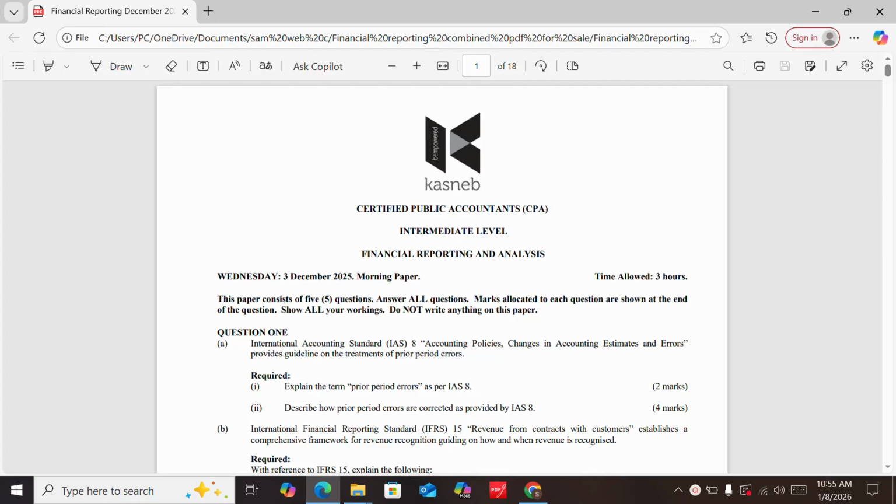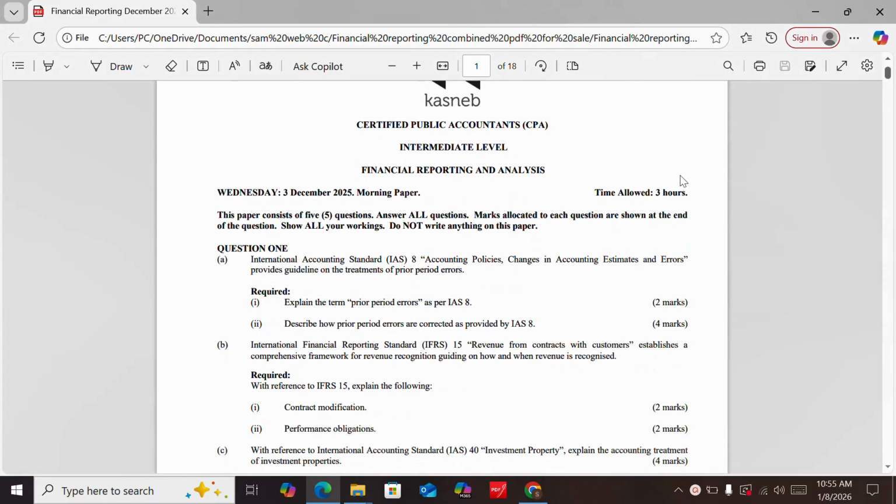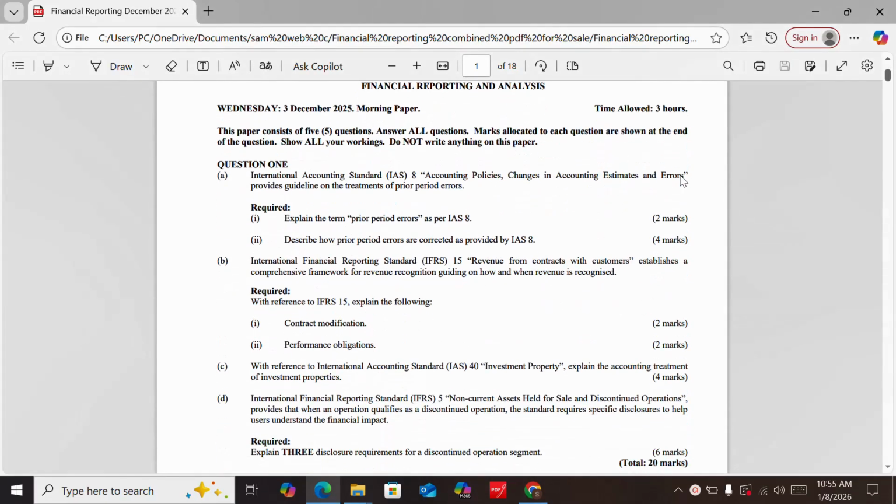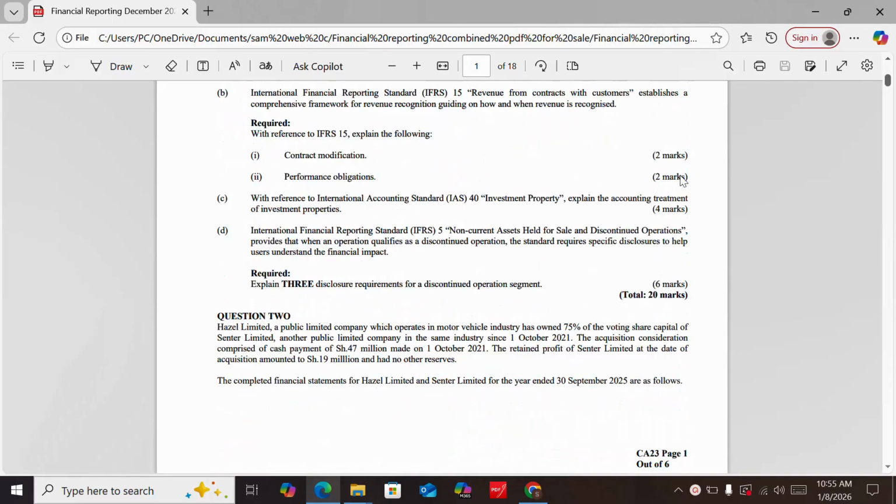This is the financial reporting and analysis paper of the intermediate level, which was tested by KASNEB previously, that is on 3rd December 2025. And the first question, that's question 1, was a theoretical question.